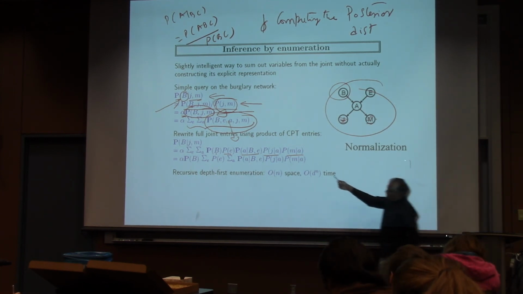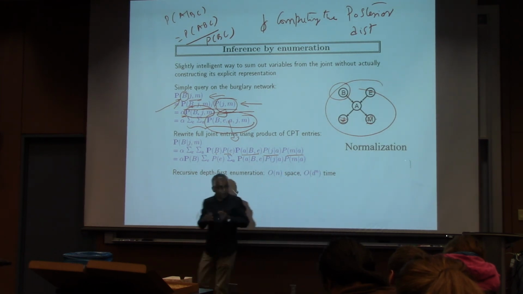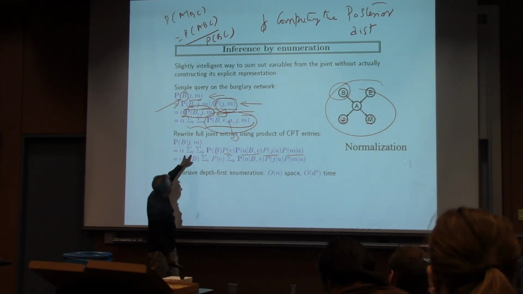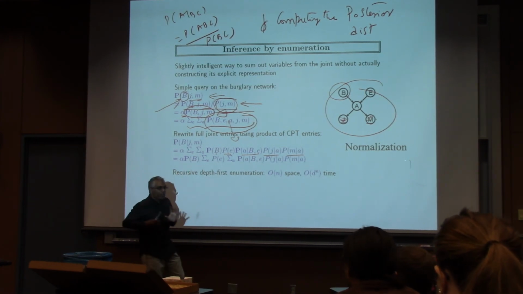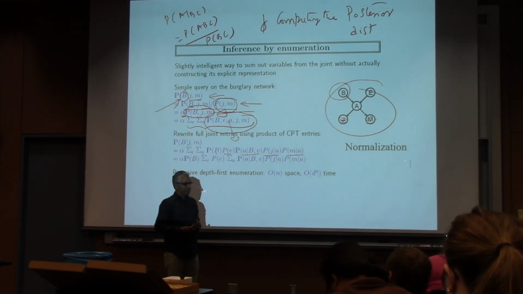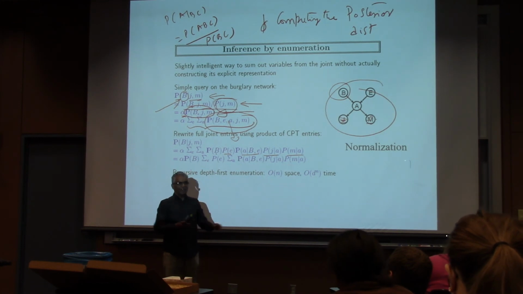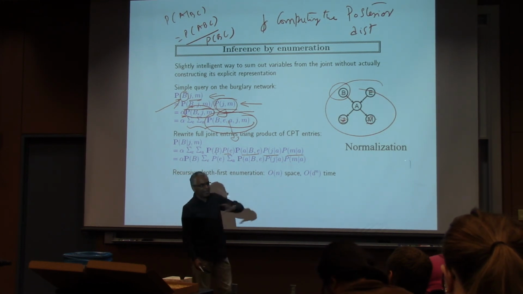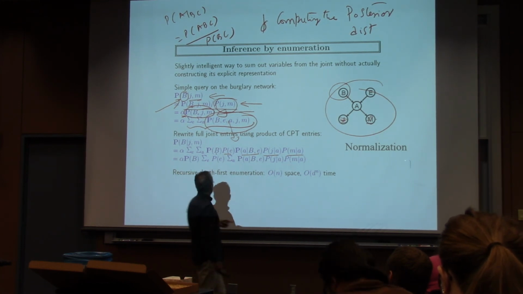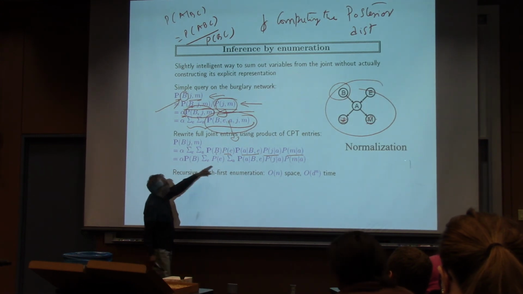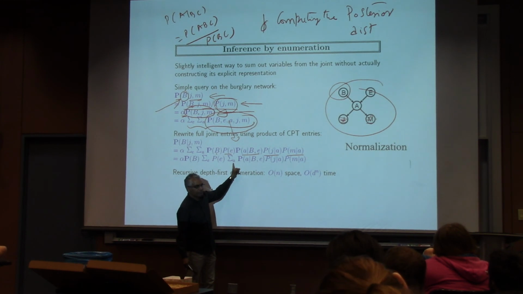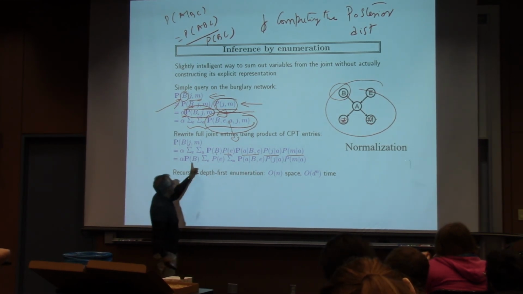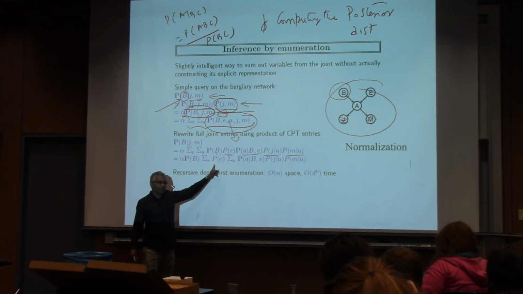I can just stop here, which is fine, but I can also realize that there is a summation going on over E and a summation going on over A. You can pull the summations inside and see which parts depend on E and which parts depend on A. So the A part is only here, so I pull the A summation up to here. And the E summation just stays here because the E part is here.